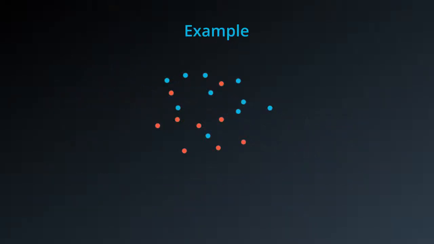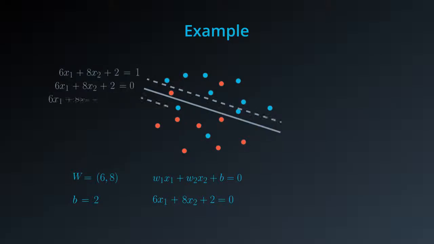Now let's look at a very similar example, except instead of 3, 4, 1, our weights are going to be 6, 8, and 2. So our line is going to have the equation 6x1 plus 8x2 plus 2 equals 0. And if you notice, that equation is the same as before, except multiplied by 2. So it gives us the same boundary line, because when 3x1 plus 4x2 plus 1 is 0, then 6x1 plus 8x2 plus 2 is also 0.